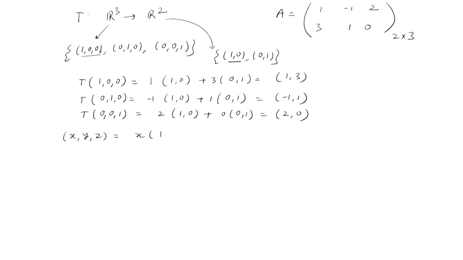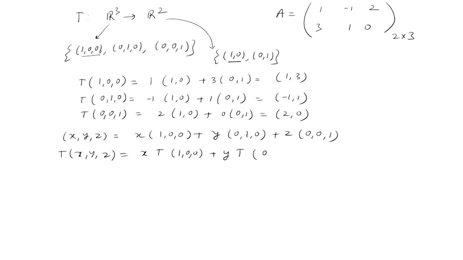Now, any (x, y, z) in R3 can be written as x times (1, 0, 0) plus y times (0, 1, 0) plus z times (0, 0, 1). So, T of (x, y, z) will be equal to x times T of (1, 0, 0), because T is a linear map, plus y times T of (0, 1, 0) and z times T of (0, 0, 1). Here T of (1, 0, 0) is (1, 3), given to us; for y it is (minus 1, 1), and for z it is (2, 0).